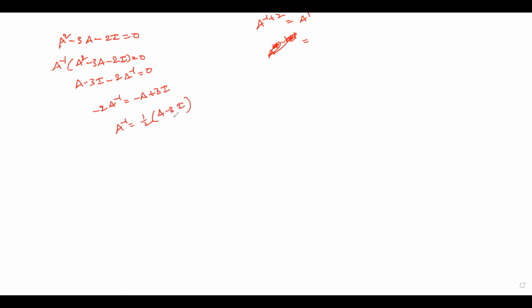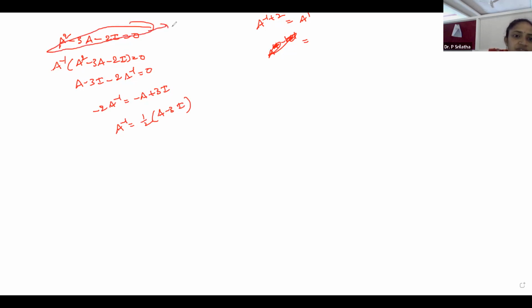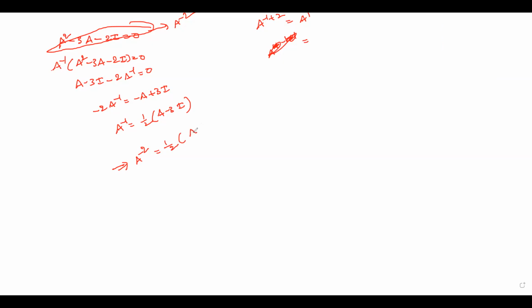Yes, ma'am. So then multiply with a inverse again on both sides. Otherwise you have to multiply this one with a power minus 2 on both sides. Then what will you get? A power minus 2 equal to 1 by 2 into, here we have a, and here we have a power minus 2.